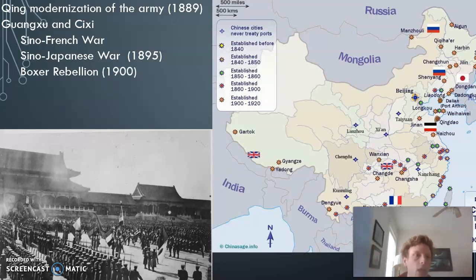They are still unable to control European trade and involvement in ports in China. This is leading to a situation where if Europeans commit crimes on Chinese soil, they are tried in European courts. They're not subject to the same Chinese laws. There's also this trading imbalance, which is making things difficult for the Chinese.